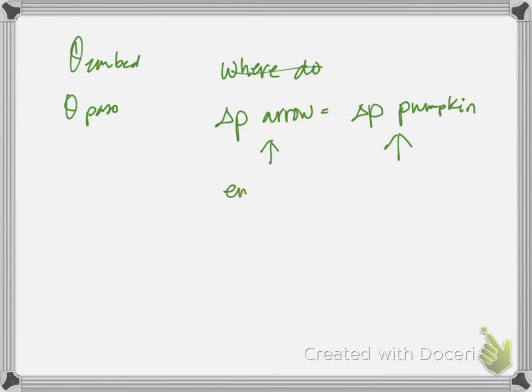Well, it's the embedding, okay? Because in the embed situation, the pumpkin and the arrow have the same speed after the collision. In the pass situation, the arrow is going to be going faster than the pumpkin once it goes through. So 1 is bounce, 2 is embed, and 3 is pass, right?